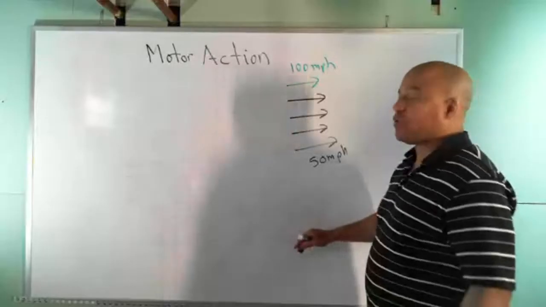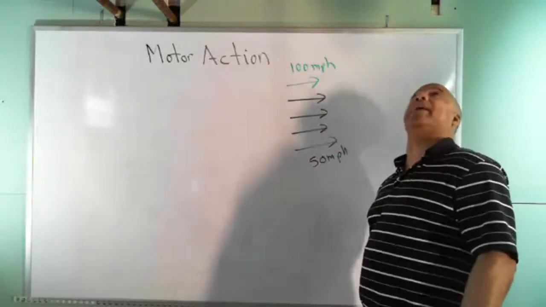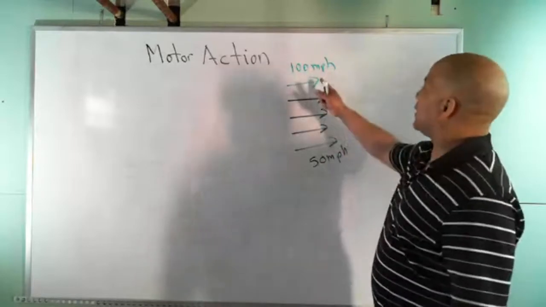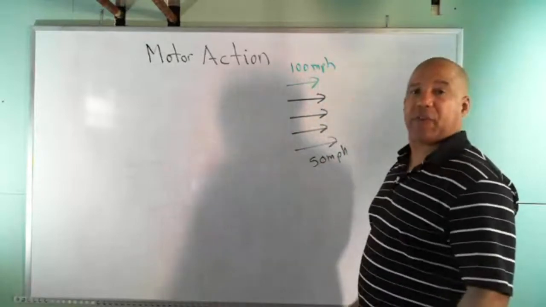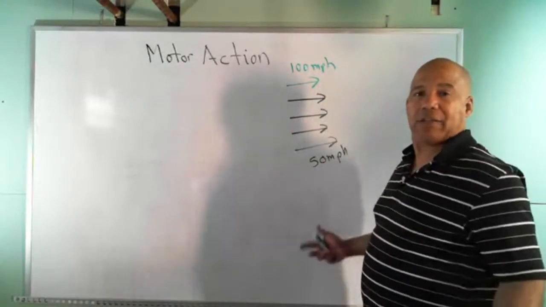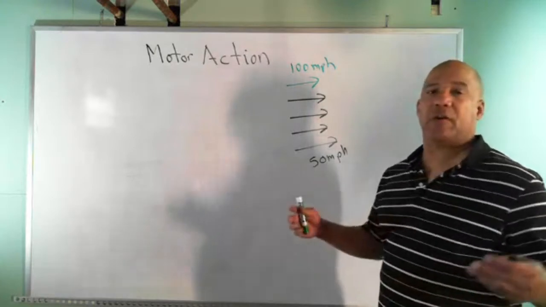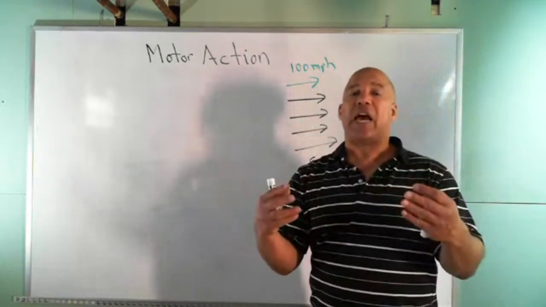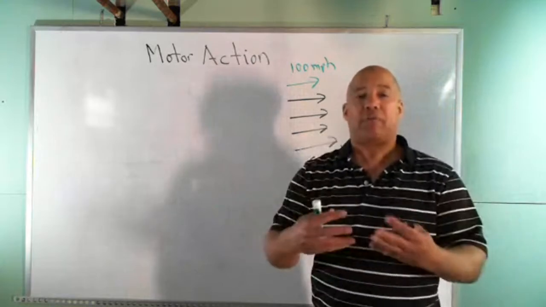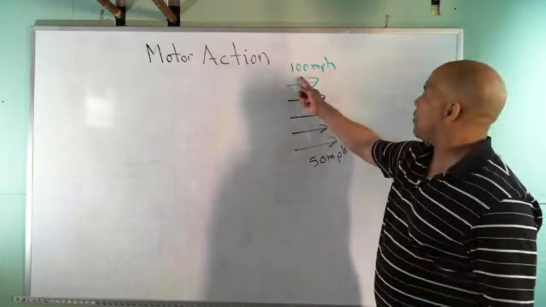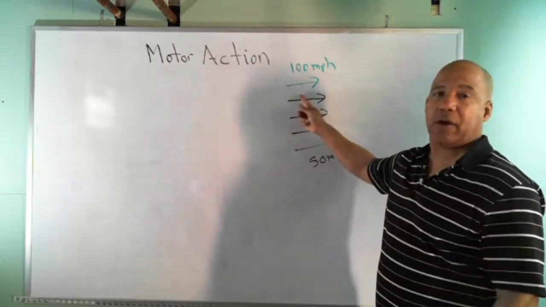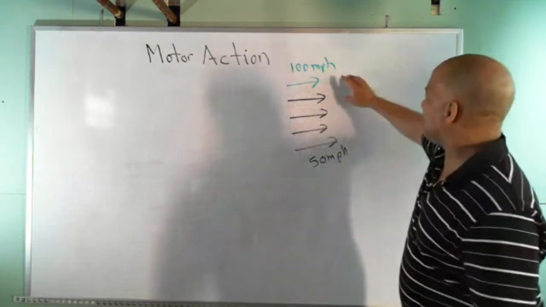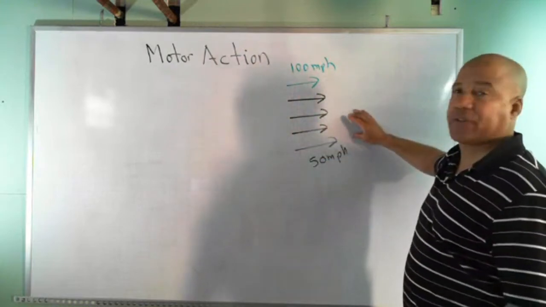Yeah, well, relative to a person on the ground looking at the plane, she's going to see the plane travel at 150 miles per hour. How is that so? Well, I have a vector field, and these vectors I call a strong field. When vectors are working together, they add up to give you a stronger effect. And so I have the 100 miles an hour that the plane is already going, and in addition to that, I got another 50 miles an hour that the wind is going.